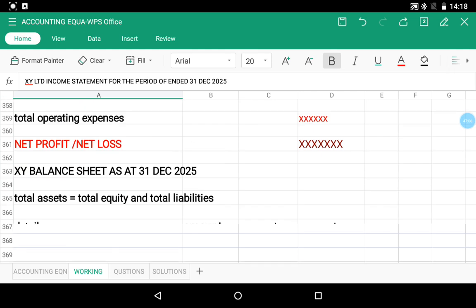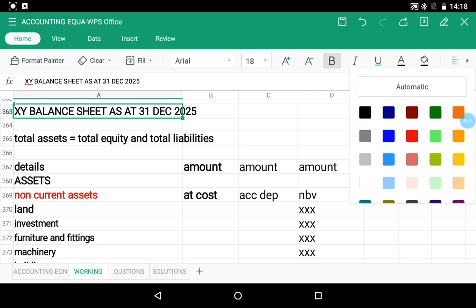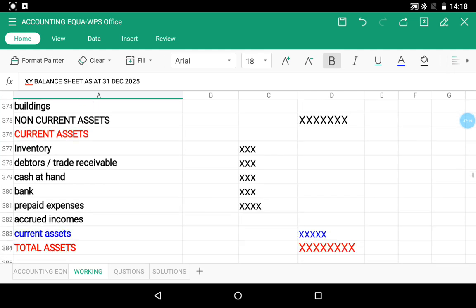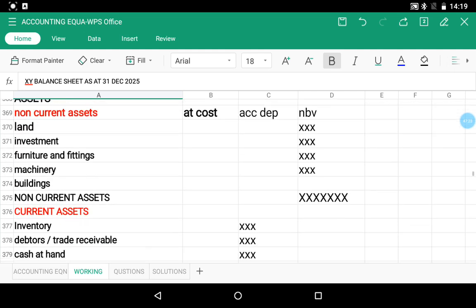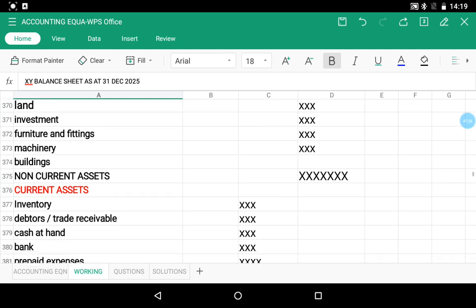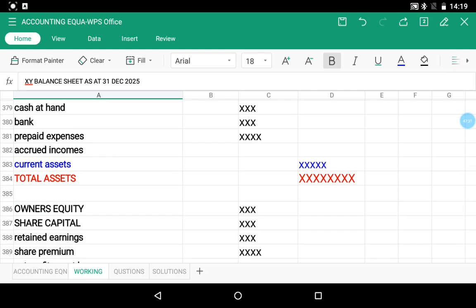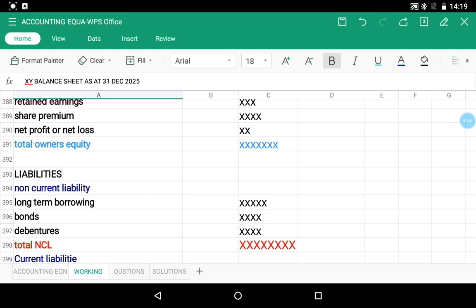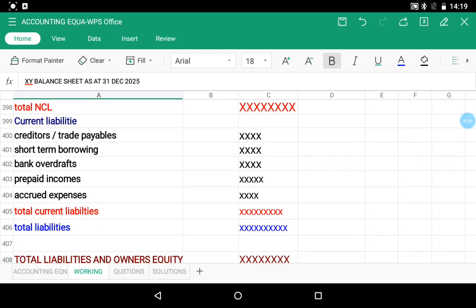Then we have looked at the balance sheet, where we have said the balance sheet helps us to get our total assets equal to total equity and liabilities. When you find that your total assets is equal to owner's equity plus liabilities, it means your balance sheet is balanced.